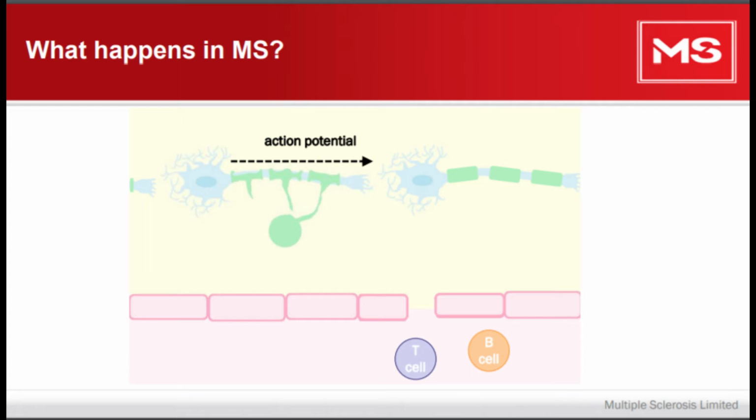And in MS, that insulation, that myelin, is being degraded, is being demyelinated, and it means that that electrical signal doesn't pass as quickly and as easily along that axon, along that neural pathway. Okay, that electrical signal, another word for that is the action potential.